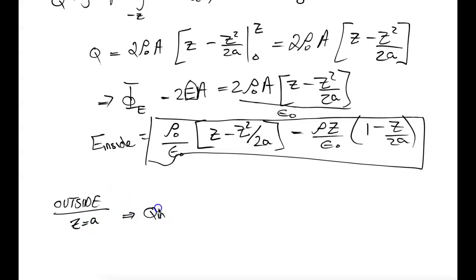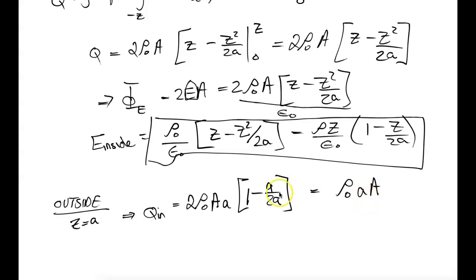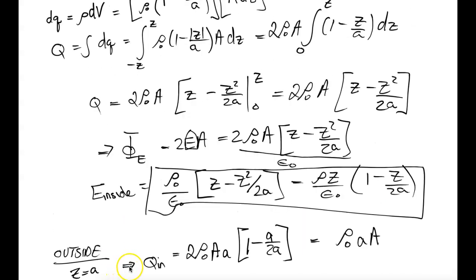So that means that the Q inside is going to be 2 rho naught a times A times 1 minus a over 2a, and that equals rho naught little a big A. So I plugged z equals a in here for Q to get this part.